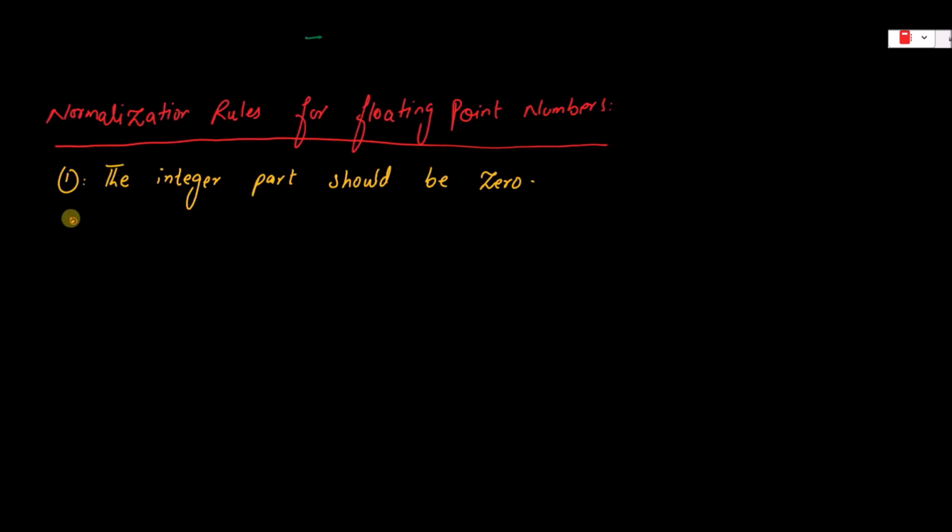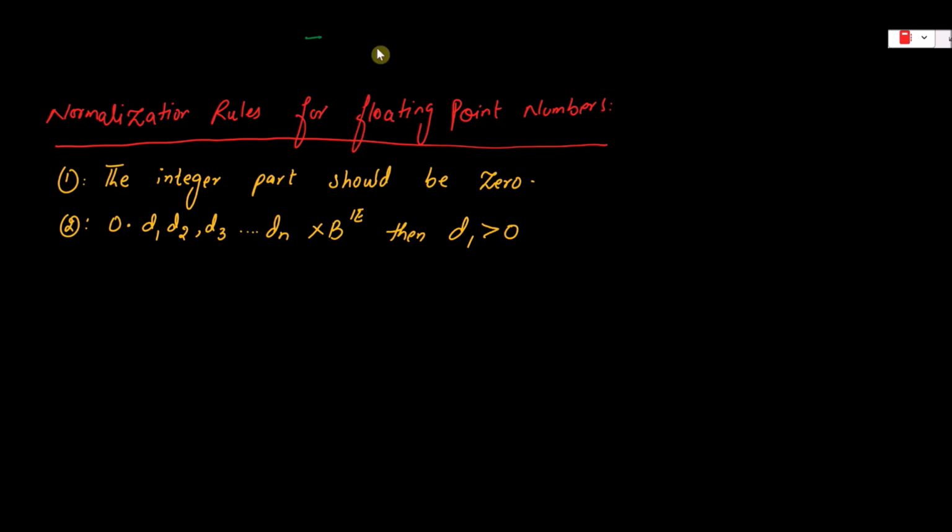The second rule says that after your integer part, d1, d2, d3, and so on up to dn, where d stands for digit, times the base with the exponent part, d1 must be greater than 0.